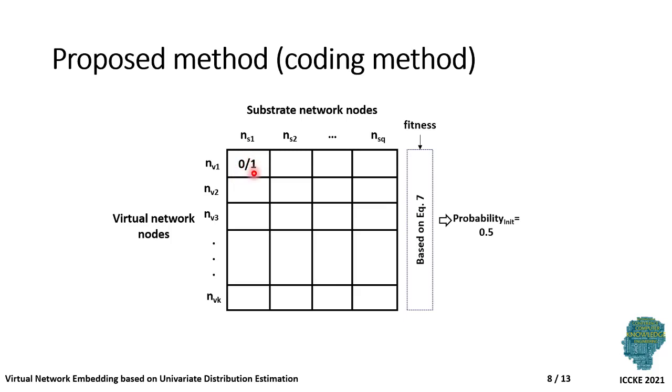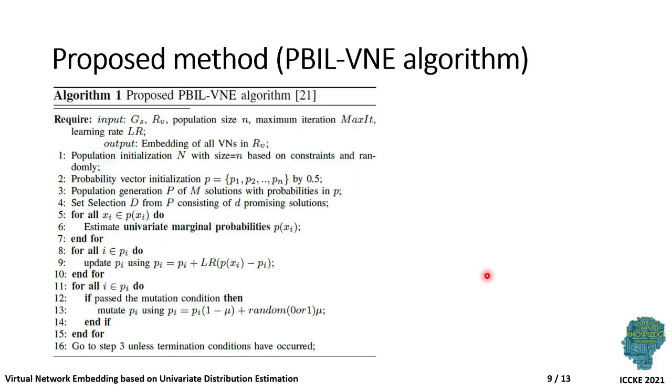If we have 1, it means this virtual node is mapped on this substrate node, or if we have 0, it is not embedded on the substrate node. At first, there is no difference between adding 0 or 1, so the probability is 0.5. But by completing the other steps, the real probability of being 1 or 0 can be computed.